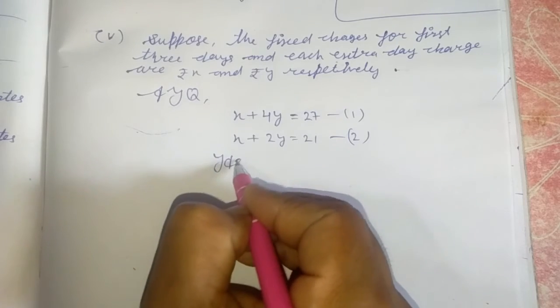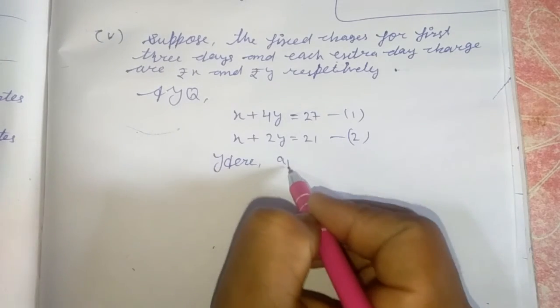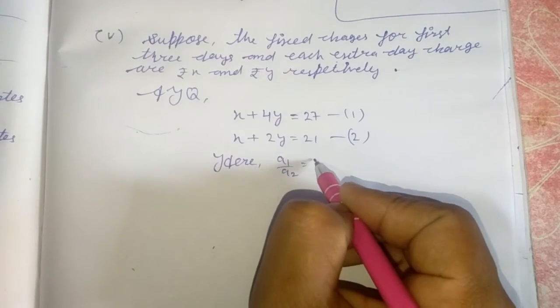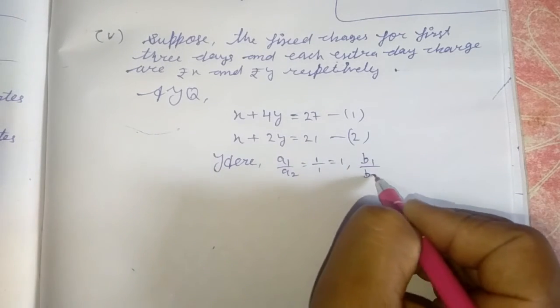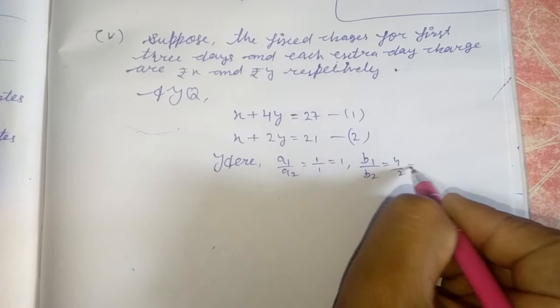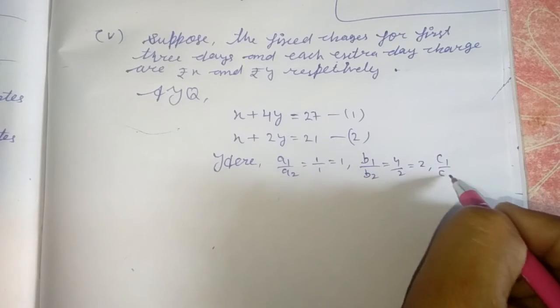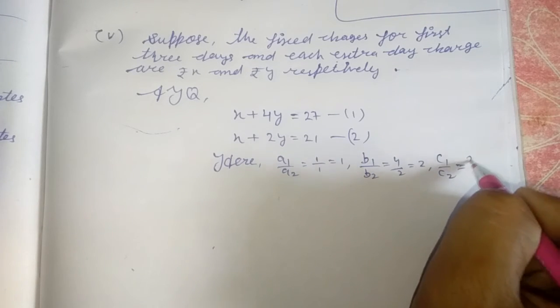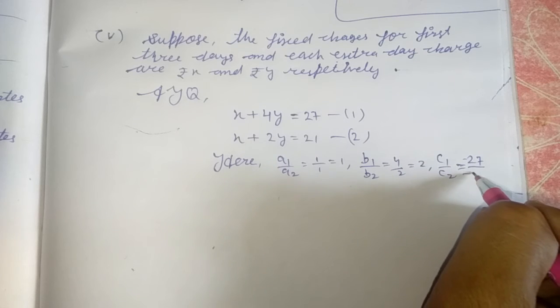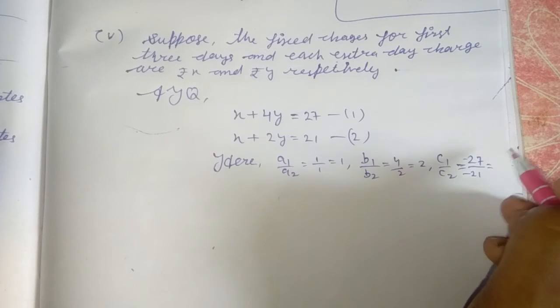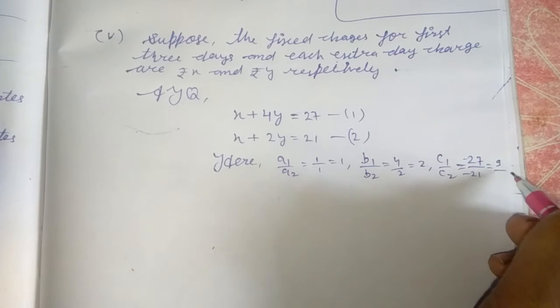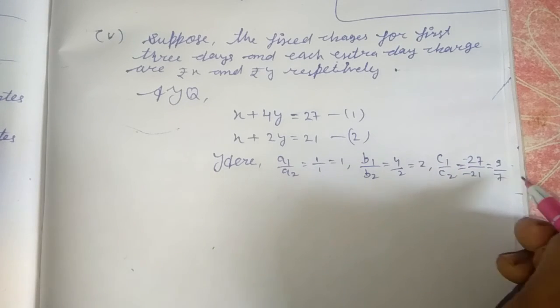Here a1 upon a2 is 1 upon 1 means 1, b1 upon b2 is 4 upon 2 means 2, c1 upon c2 is 27 upon 21, which will be 9 upon 7.